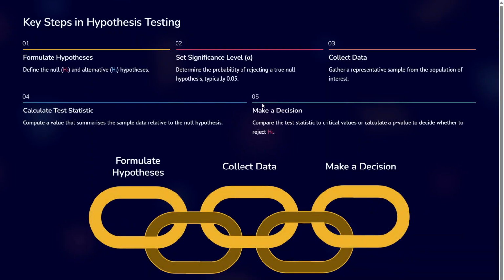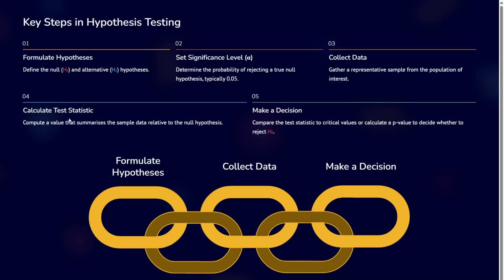Now, hypothesis testing goes through five key steps. Step 1, we formulate the hypothesis. We define the null and alternative hypotheses to be tested. After that, we set a significance level, usually 5%. This is how strict we want to be. After that, we collect data from a representative sample.